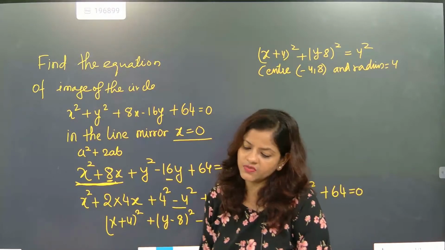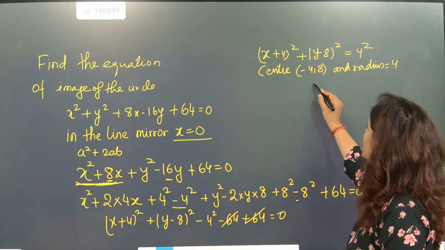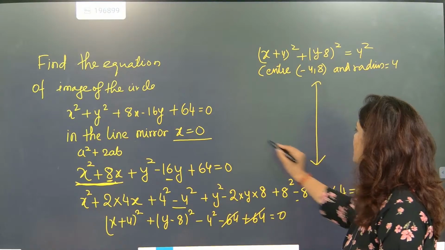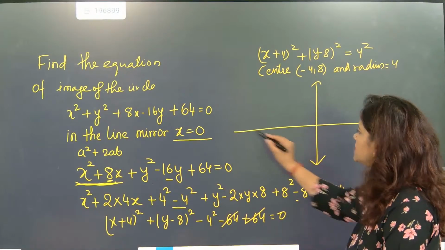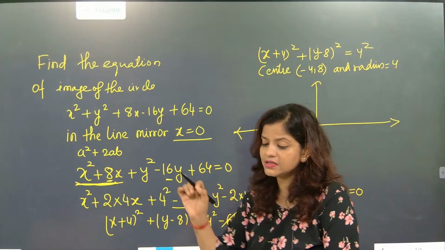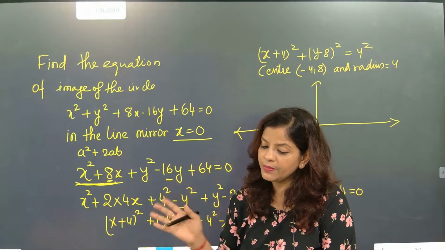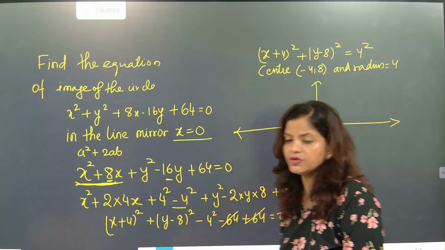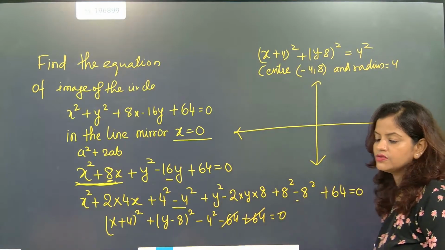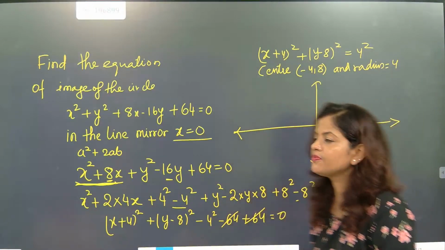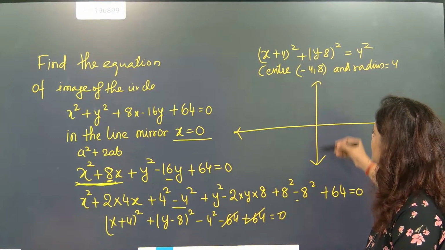On the y axis x will be 0. We remember this: whenever somebody asks where x is equal to 0 in the coordinate axes, you will say on the y axis x will become equal to 0. Understood? On which axis will x be equal to 0? Y axis. So that means the y axis is acting as a mirror for us.